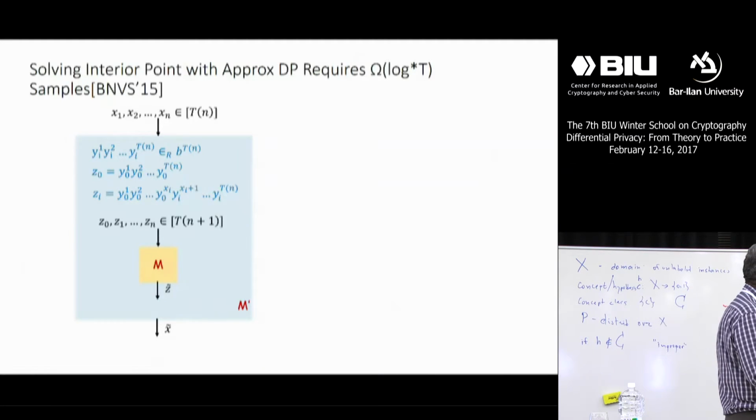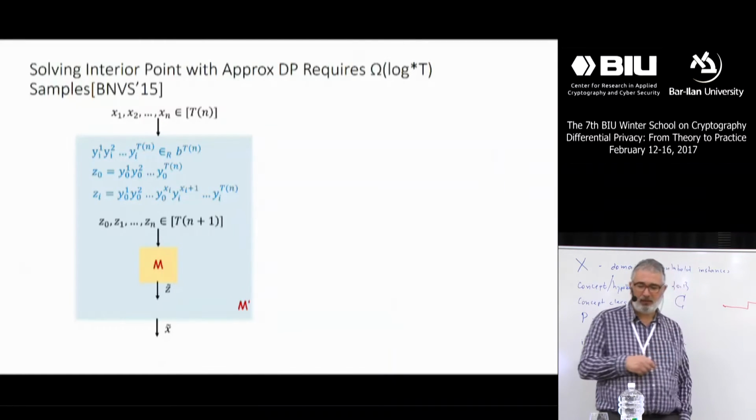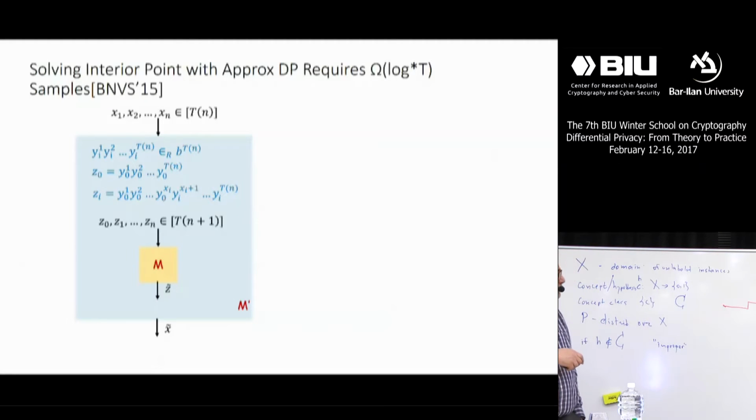For each i, I have n plus 1 digit strings like that. Z0 is just a random string, and in Zi I copy a prefix from Y0 and then I fill it up with a random suffix which I take from the Yi's. So the description was correct, but it didn't match what's written on the slide.